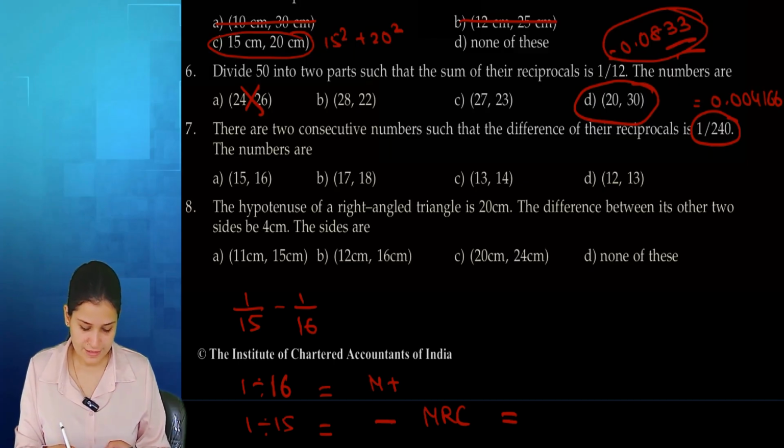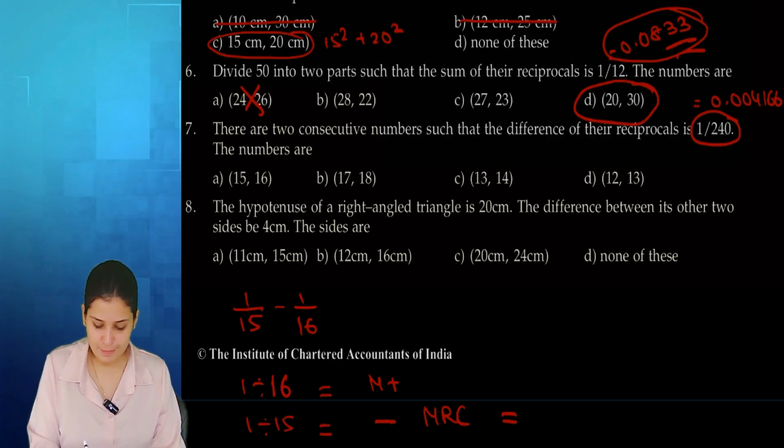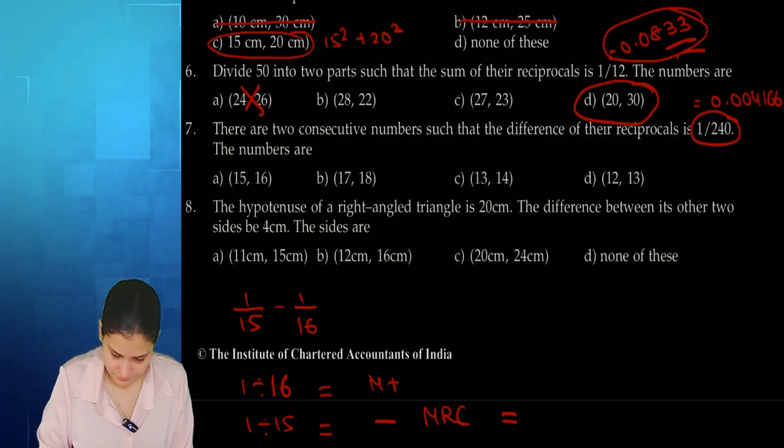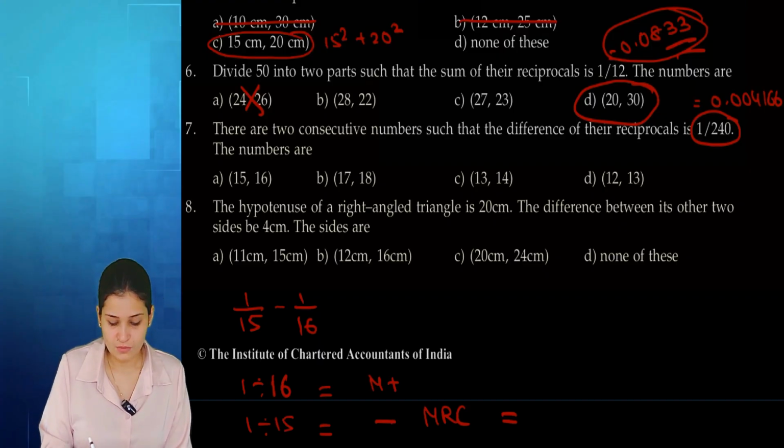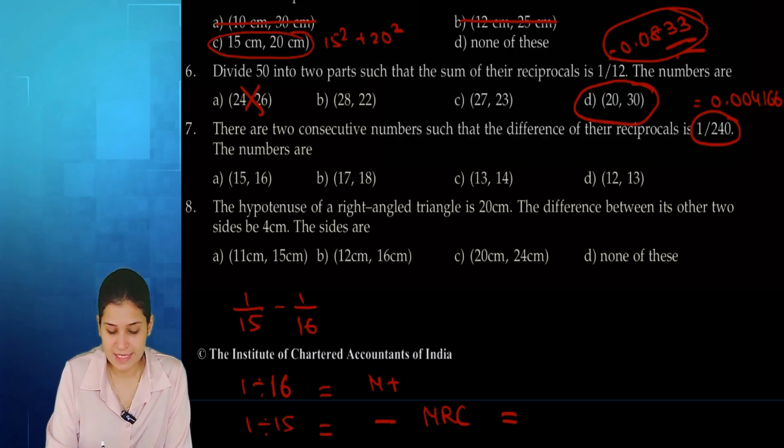Okay. 1 divided by 16 equal. What do you see? 0.0625. Press M plus. Now, without doing anything else, 1 divided by 15 equal. What do you see? 0.0666. Press minus MRC.